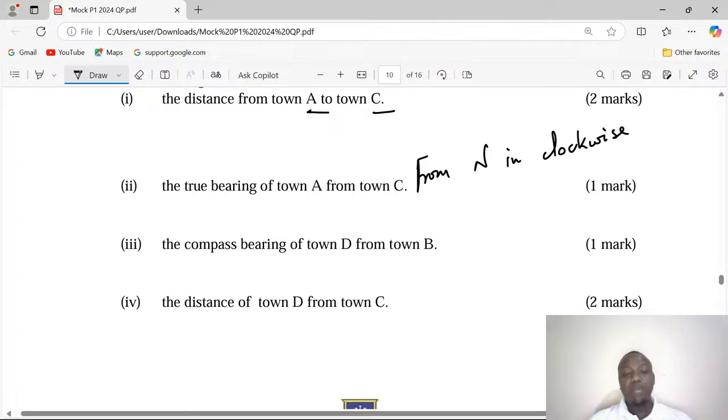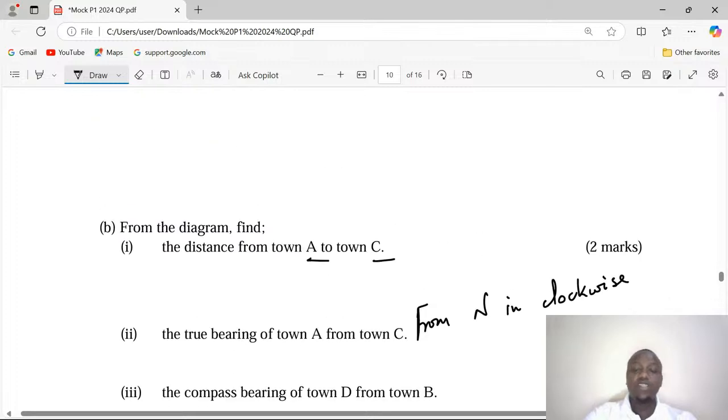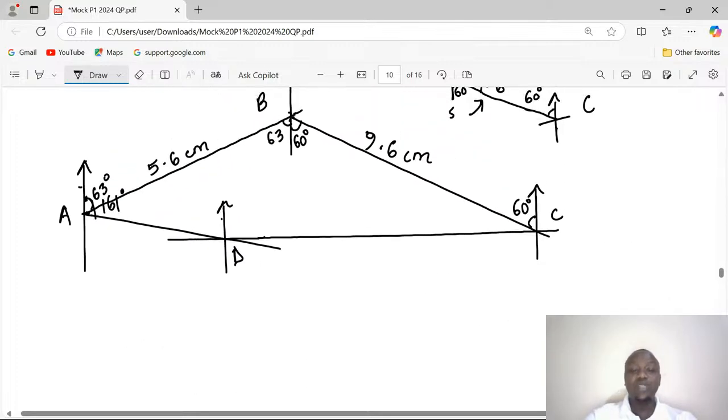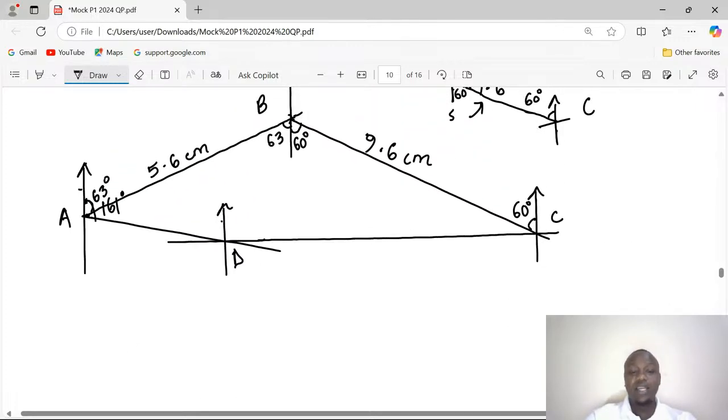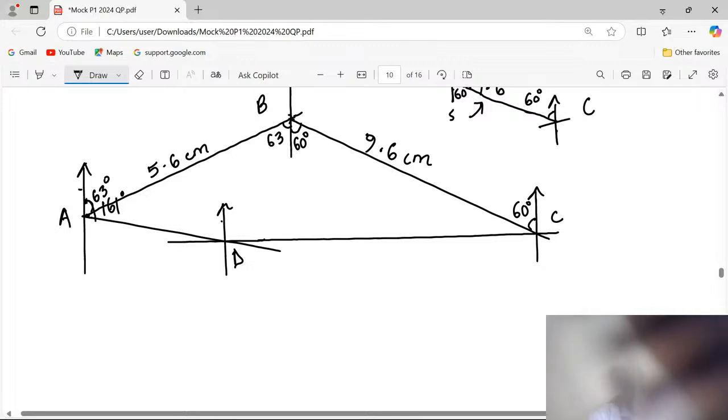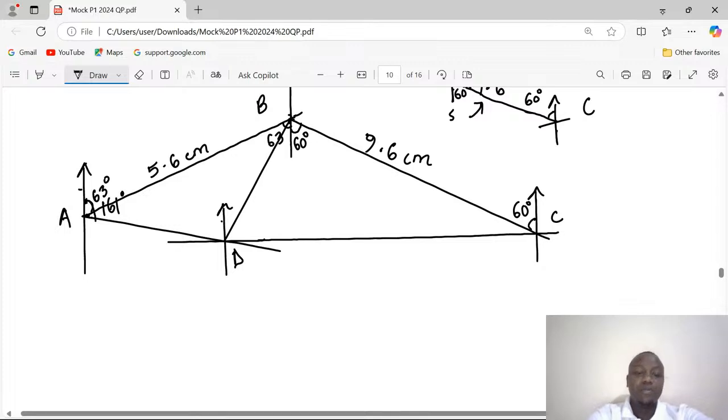The compass bearing of D from B. So you just connect D and B and you measure the angle there. D from B means we measure this acute angle theta, and it's from south towards the west.